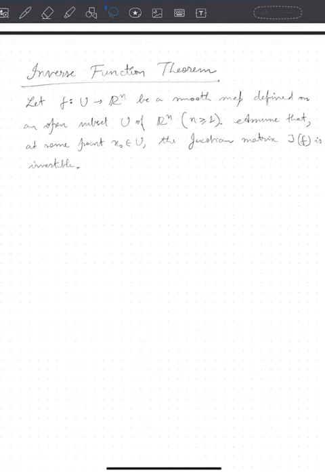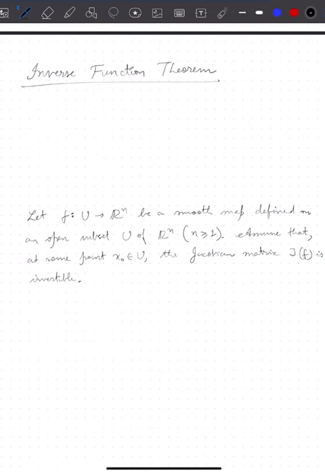Right. Now, before this, we may have to define what a Jacobian is. Suppose f is a smooth map from U to R^n, where U is an open subset of R^n.